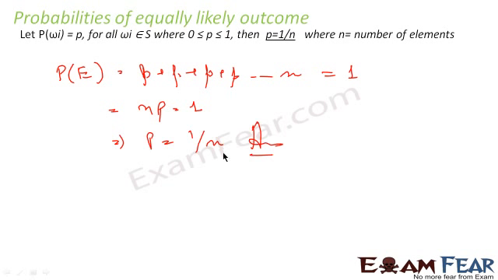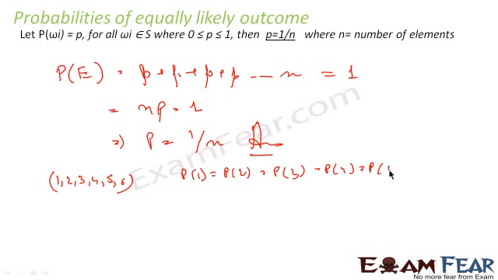So here what we are saying is there are 6 events and they are equally probable. The probability of each element is 1 by 6. For example, when we throw a normal die, not rigged, with 1, 2, 3, 4, 5, 6, all are equally probable. So let's suppose the probability of 1 is equal to the probability of 2, 3, 4, 5 and 6, which is equal to small p.